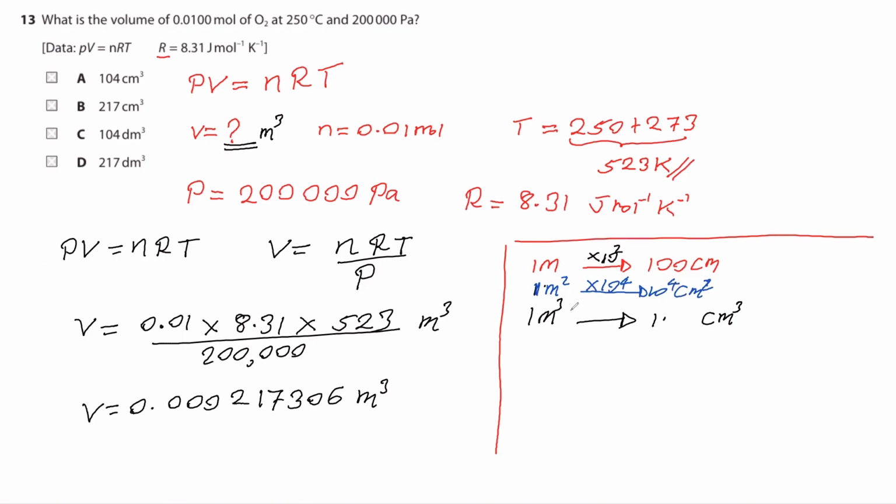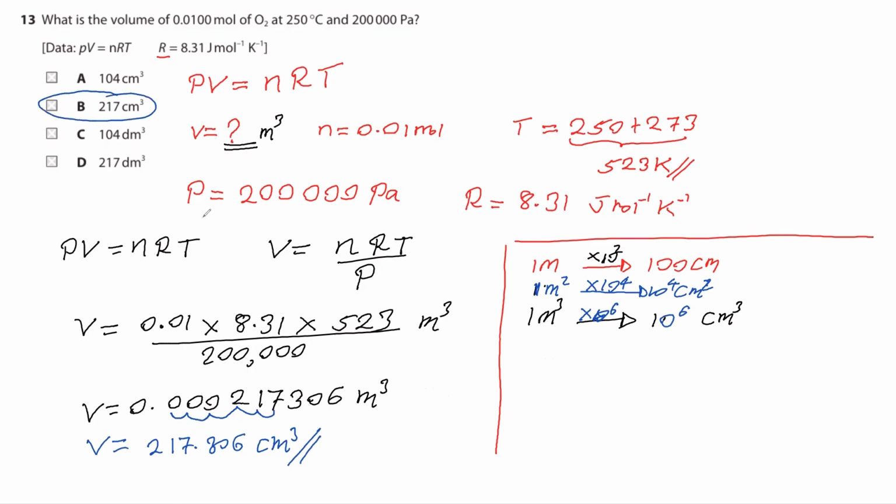Cubic meter into cubic centimeter will be 10 to the power 2 cubed, that means 10 to the power 6. Then you get the answer in cubic centimeters. So if I want to convert this into cubic centimeters, I have to multiply by 10 to the power 6. When I multiply by 10 to the power 6, that means the decimal moves 6 places: 1, 2, 3, 4, 5, 6. So I'll get the answer 217.306 cubic centimeters. Okay, I have the answer.